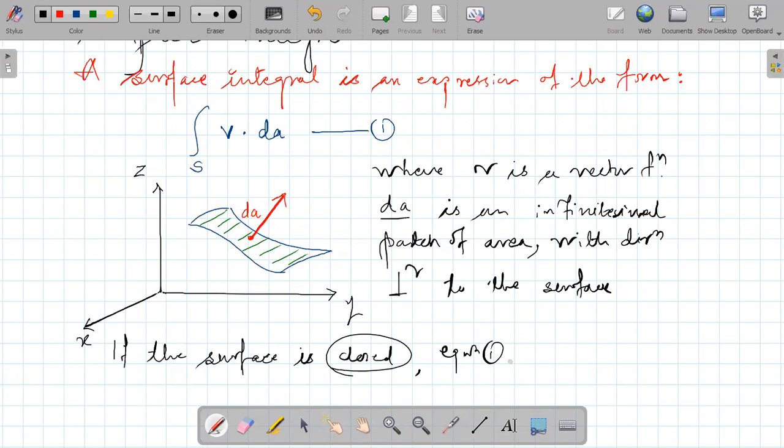Equation 1 becomes the closed integral of V dot dA. Understood up to this level?